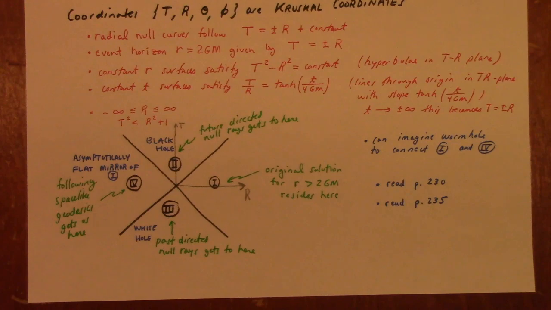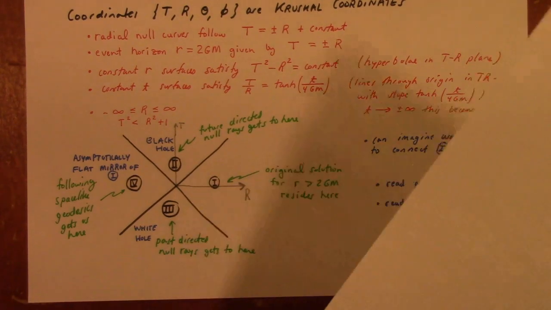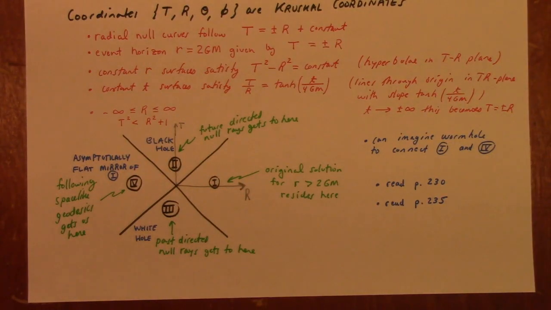Let's see here. I'm supposed to read some things from page 230 before I forget. Basically on page 230, he's describing how essentially the details of our universe and the way things happen mean that white holes are probably unphysical.